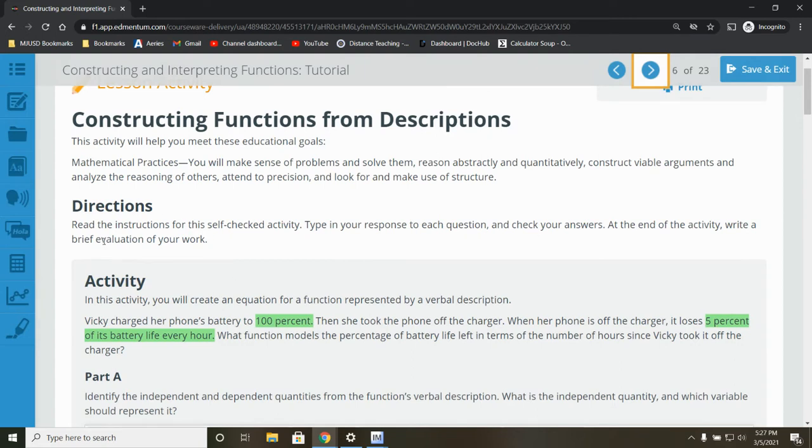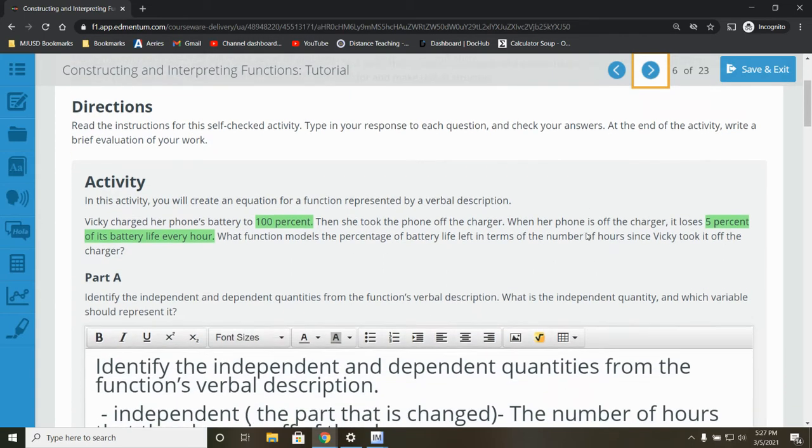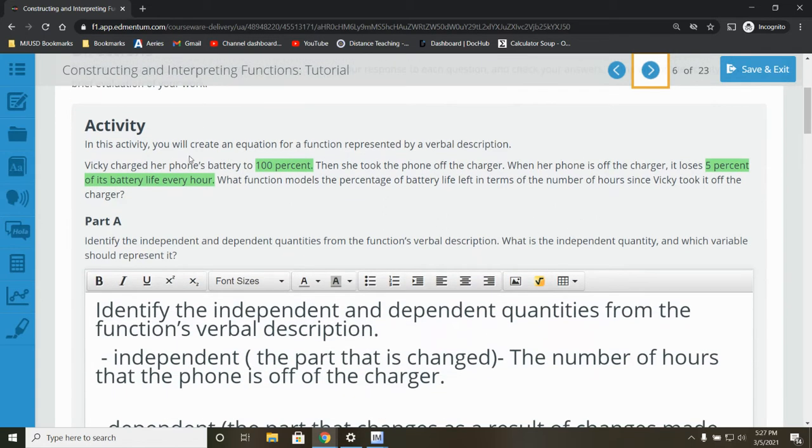So, in this activity, we are going to read the instructions. We're going to type in our response. Okay, here's the activity. In this activity, you will create an equation for a function represented by a verbal description. Vicky charged her phone's battery to 100%. Then she took the phone off the charger.